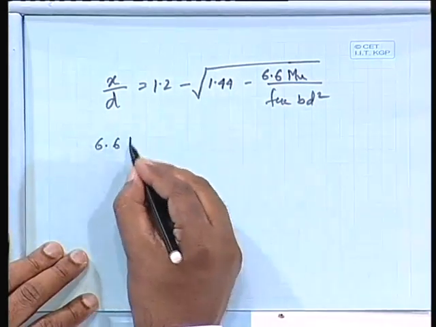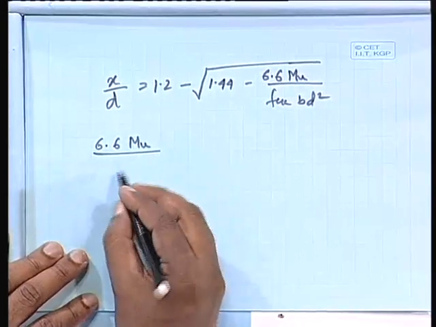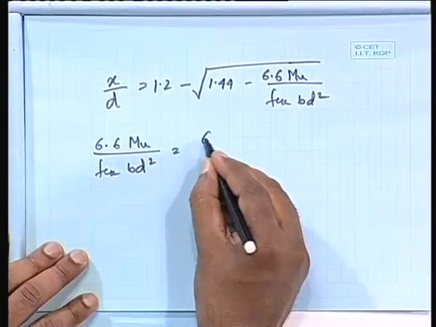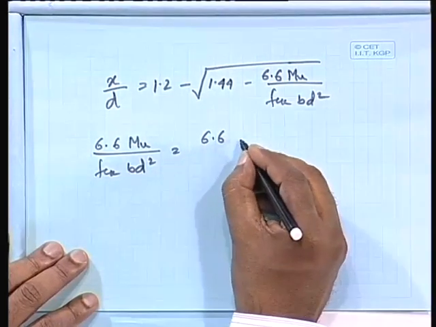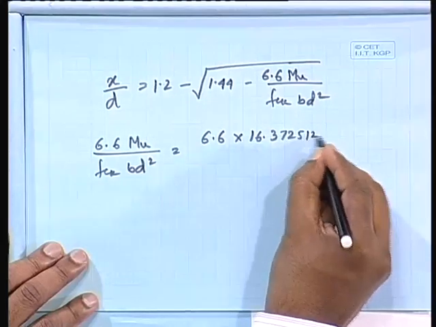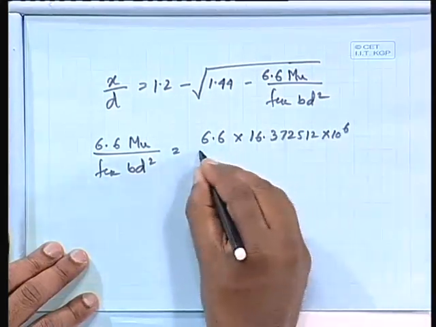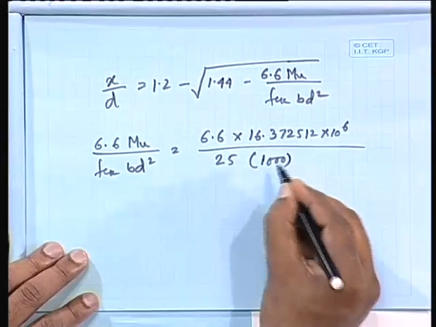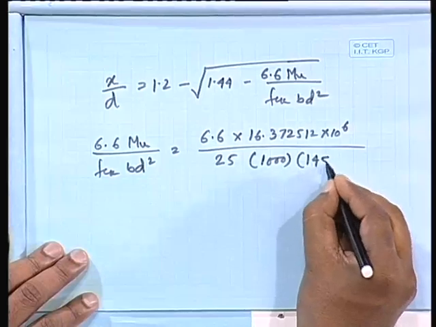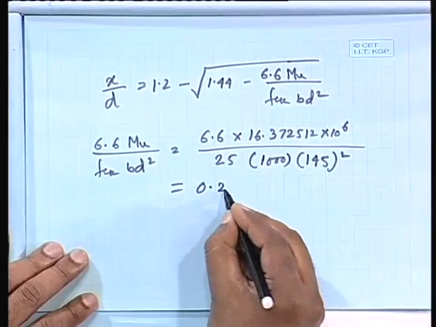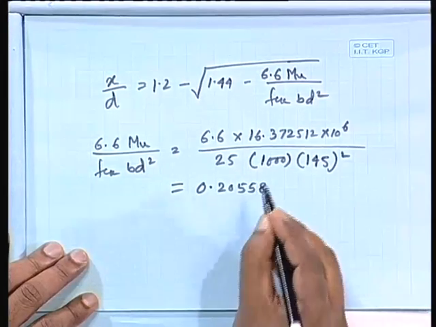Let us find this part separately. 6.6 times 16.372512 into 10 to the power 6 Newton millimeter divided by 25 times 1000 per meter width times 145 square, that is the effective depth, which comes as 0.20558.